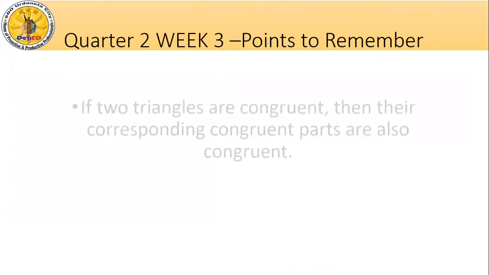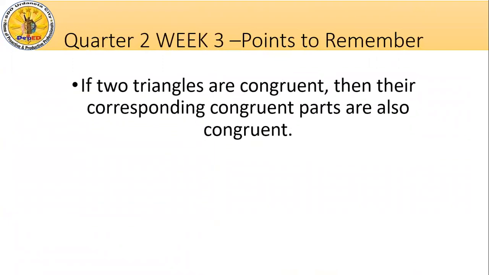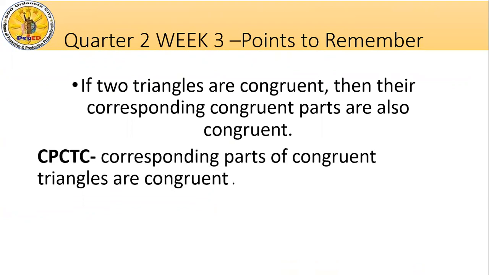For our points to remember, if two triangles are congruent, then their corresponding congruent parts are also congruent. We have an acronym, which is CPCTC, which means corresponding parts of congruent triangles are congruent.